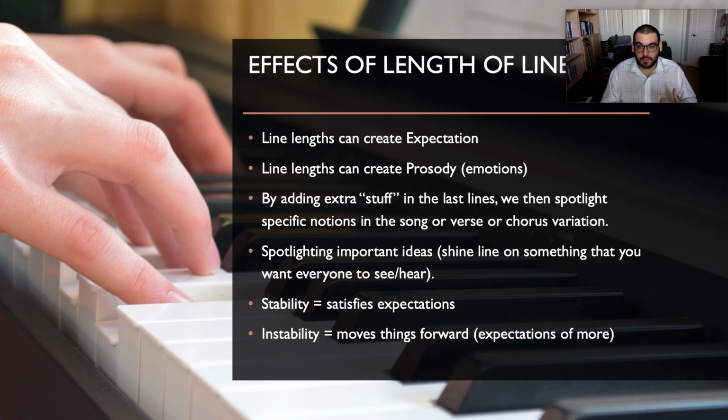Remember, stability creates satisfaction of the expectations that your listener has. Instability creates the expectation of more. Hey, don't go anywhere, don't pause. I got more for you. It also allows things to move forward, to make your listener want more.